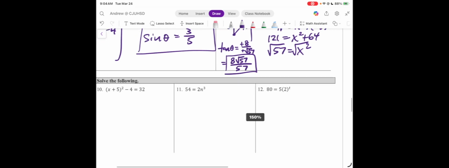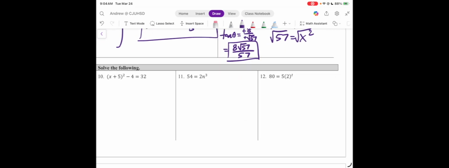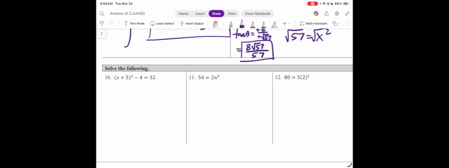Okay, and then the last 3 are a review of basically the rest of the year. So we've got a quadratic to start with. We're going to add 4 to both sides, and that'll be 36. We'll take the square root of the left and the right. And this time, don't forget to put in a plus or minus.